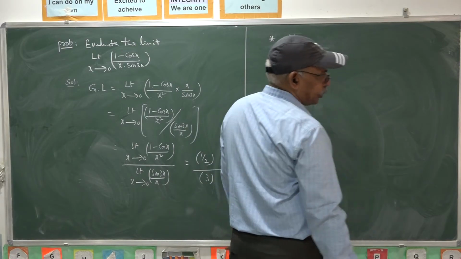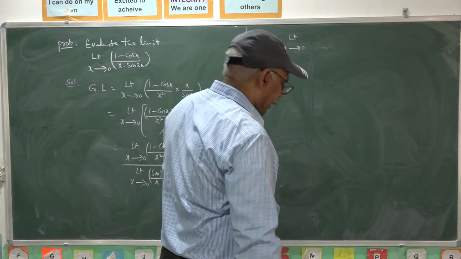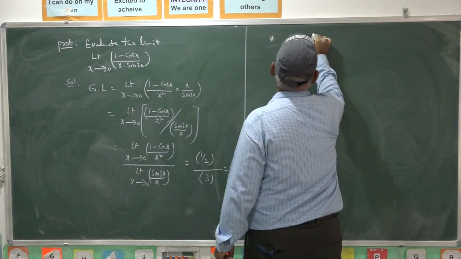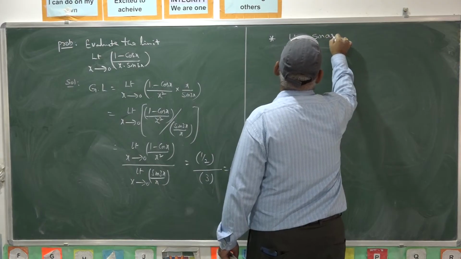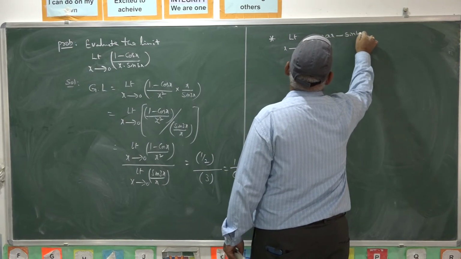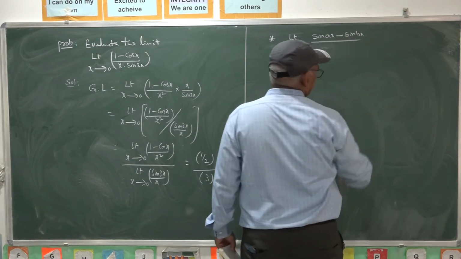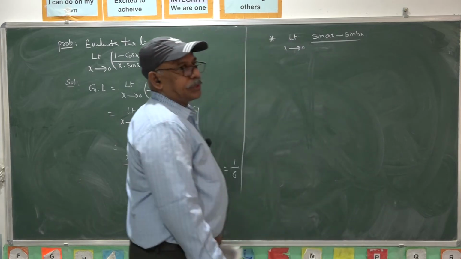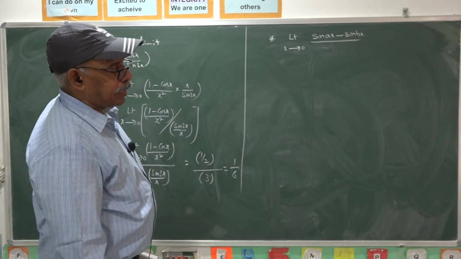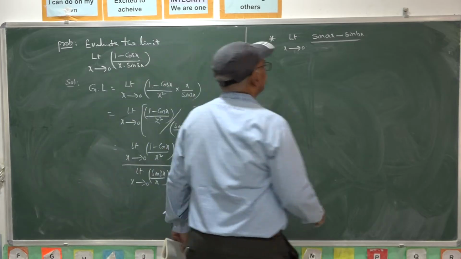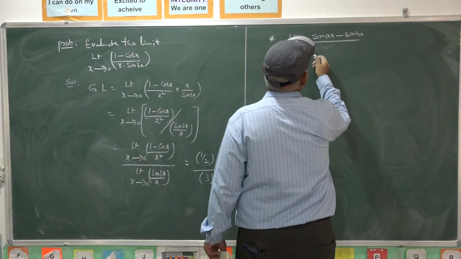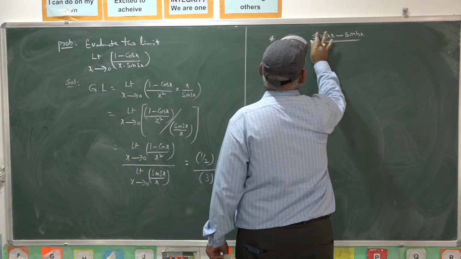Limit x goes to 0, sin ax minus sin bx. Do one thing.